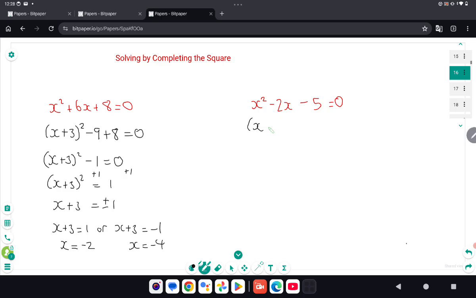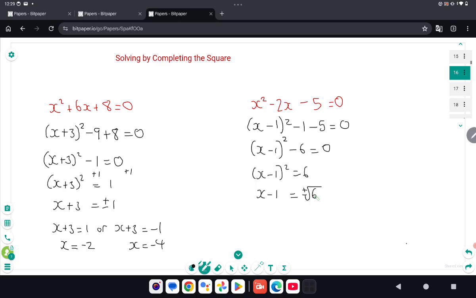Half of 2 is 1. Minus 1 times minus 1 is plus 1, so we need to take it off. Let's simplify. Add 6 to both sides. Right, square root both sides. So this time when we square root, we've got the positive or negative square root of 6.